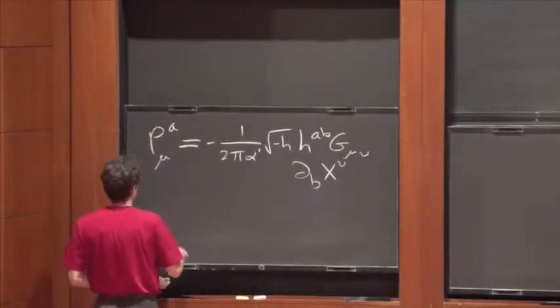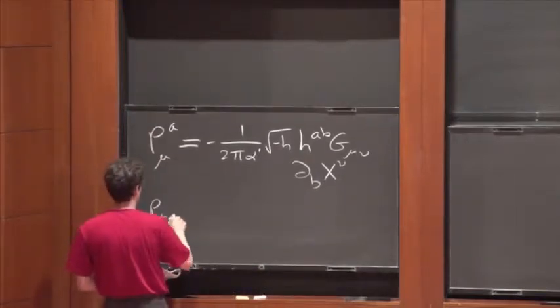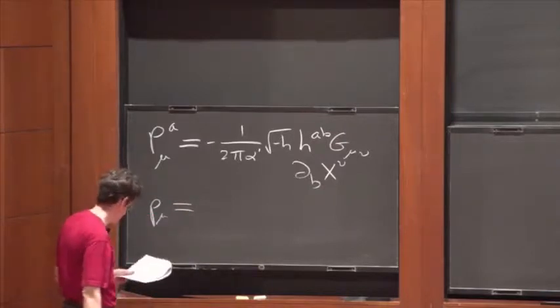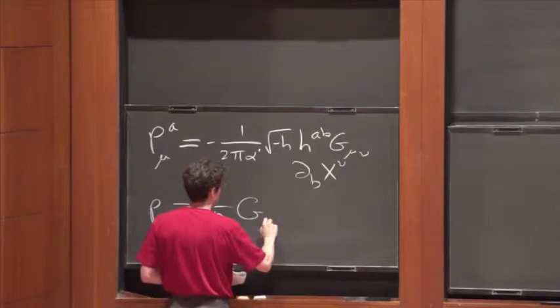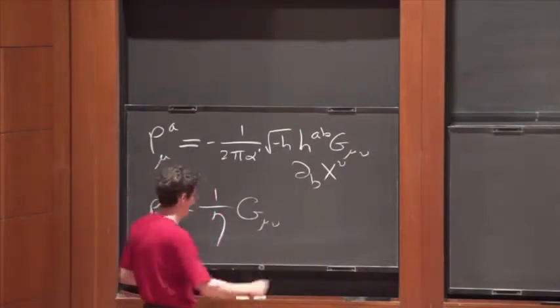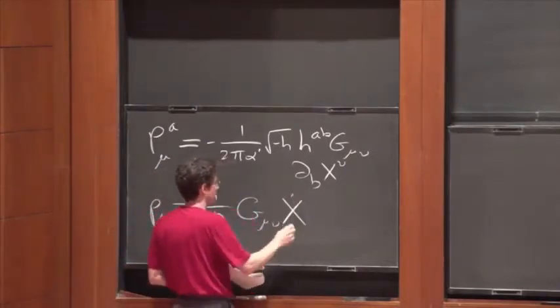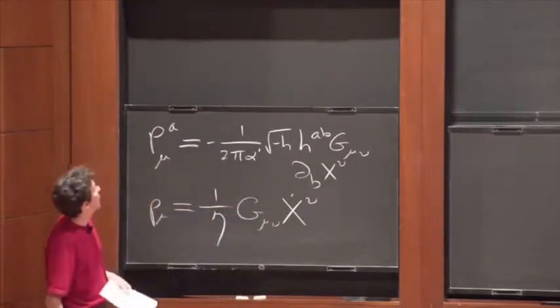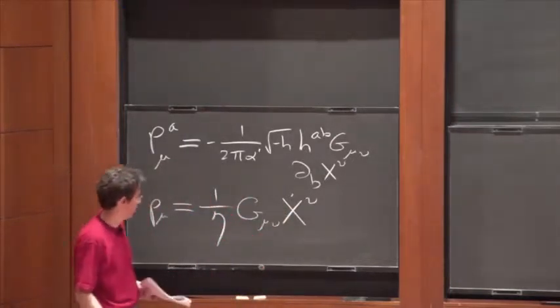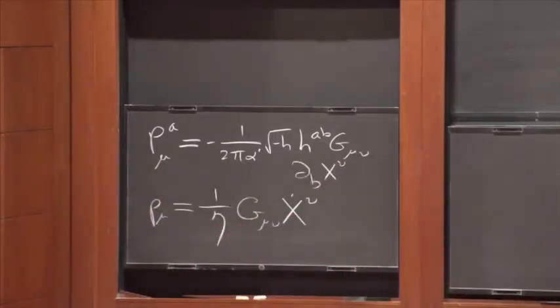And there's also, by design, some momentum at the endpoint, which can be expressed in terms of data at the endpoint. Dots are always going to represent d by d psi, and that variable psi is an a priori arbitrary parameter to parameterize the boundary of the world sheet.